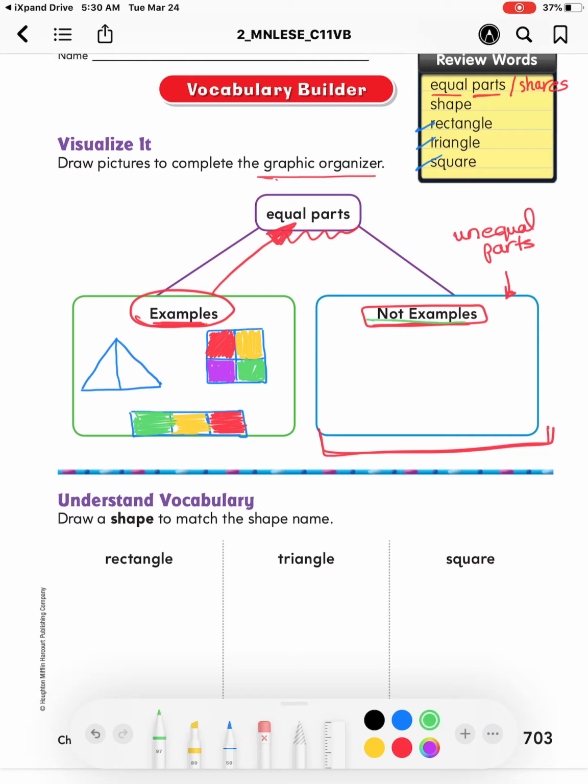What about the not examples? Not examples, which we said are going to represent unequal parts. Let's do it. If you have a triangle like this, and I told you, okay, we can draw a line like this.